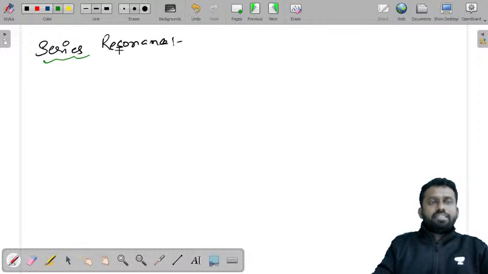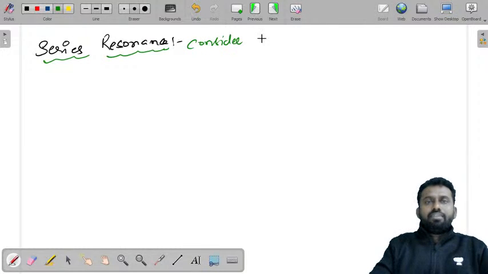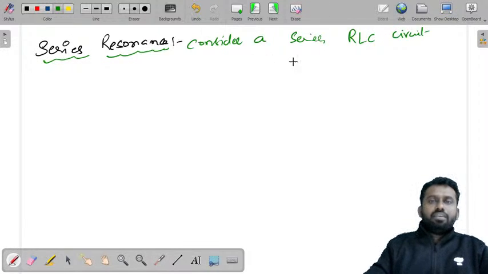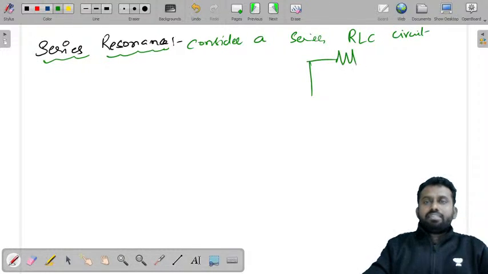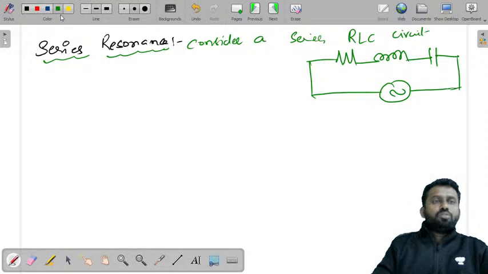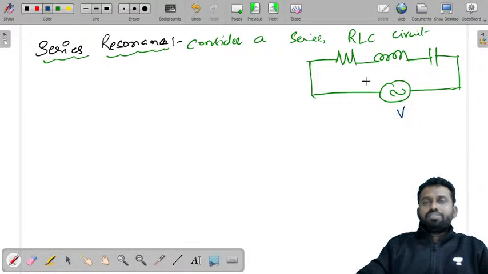So in a series resonance circuit, we will consider a series RLC circuit. Let's consider a resistor, inductor and a capacitor excited by some source. So this is V, R, jXL, minus jXC.